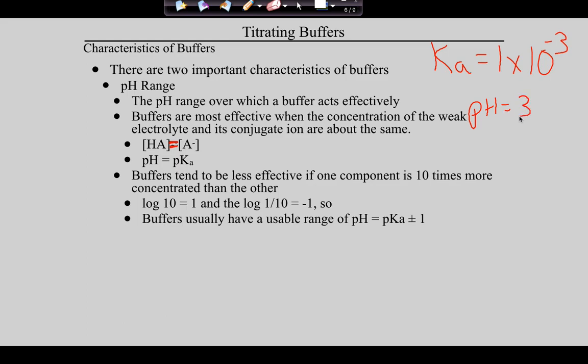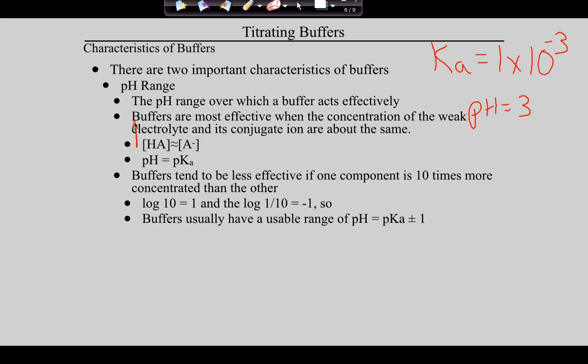Now, we can change the pH of that buffer. We can make it above or below 3 by changing the relative molarities of the weak acid and of the conjugate base salt. So at this point, as Luke was thinking about earlier, we can start fine-tuning the pH of the buffer by relatively changing the concentrations of the two components. But guys, there's a limit to how much of that you can do.